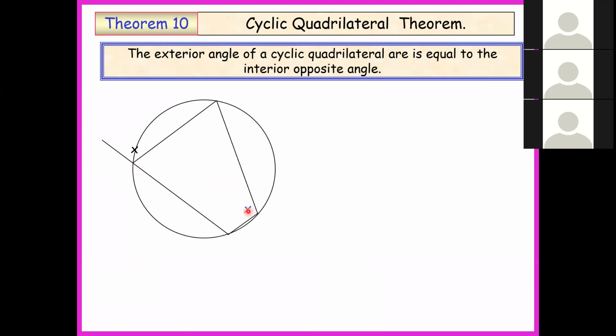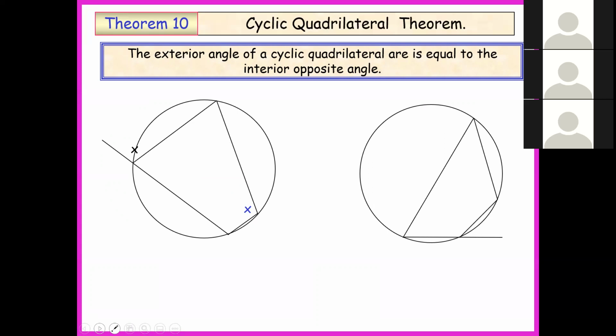So we find the angle opposite that, and the exterior angle is equal to the angle opposite it. So that's our exterior angle theorem, which says clearly the exterior angle of a cyclic quad is equal to the interior opposite angle. And if we look at the other diagram, angle P opposite this vertex, we go to P.